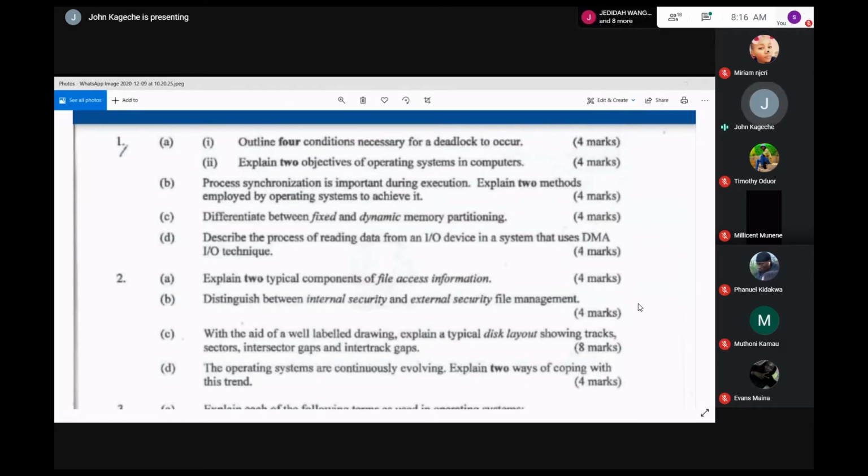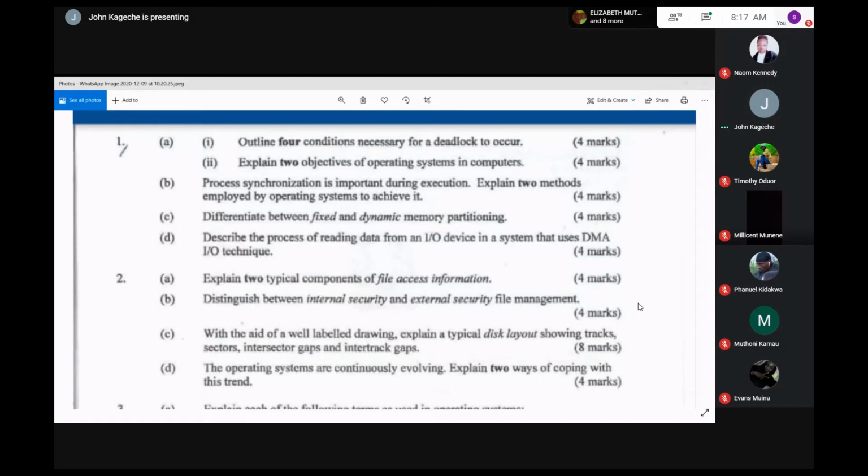What was the 4th condition? Very fast, we are revising. We have them in our notes. There was also non-preemption. Are we reading from the same script?